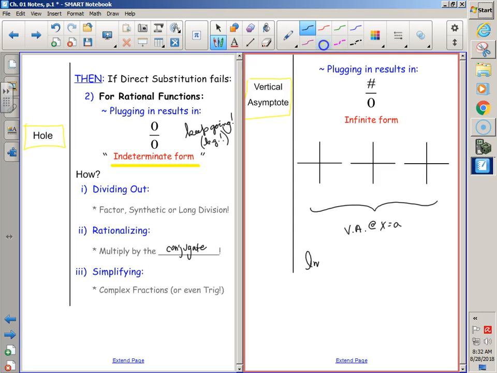So when you plug in a to a function, we get, I don't know what that number is, could be positive, could be negative, could be anything from 1 to 1,000,000 or anything in between, or beyond, or going negative, the same thing. So whenever you plug in a to a function, you get number over 0. There is a vertical asymptote.